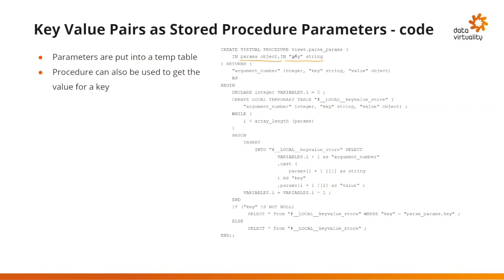We're going to take a look at this later. It will return the number of the argument, the key, and the value. So what we're doing here is not calling a procedure with these key value parameters, but parsing them, getting them out of the parameters that are supplied. Let's take a look at our stored procedure definition.